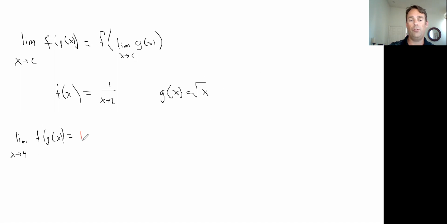All right, so if we're doing it here then, we're going to take this outside function and we're going to use it to evaluate the inside function with the limit. So we're going to take the limit only of the inside function. So our g of x function is the root x. And once I get this value, then I will go ahead and I'll plug it in for my next function.